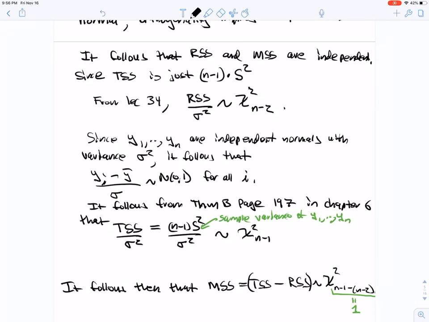And since y1 to yn are independent normals with variance sigma squared, it follows that the yi minus y bar over sigma is normal and is standard normal for all i, and hence by a theorem in chapter 6, the TSS over sigma squared is a chi squared with n minus 1 degrees of freedom.